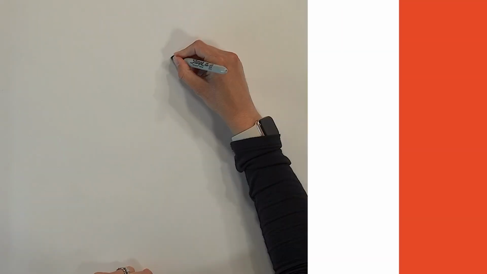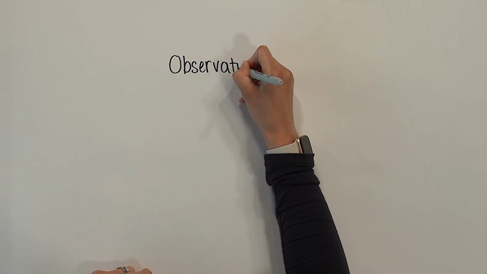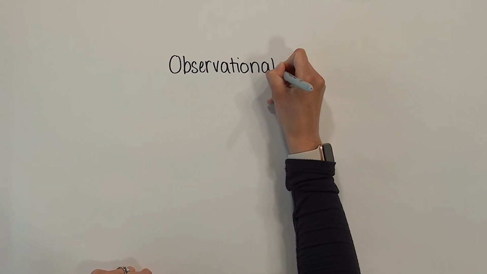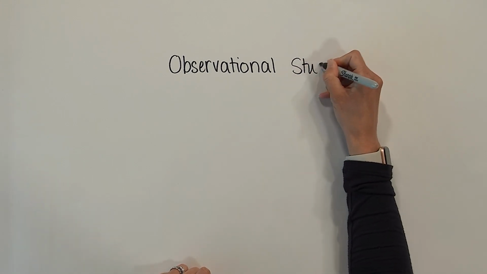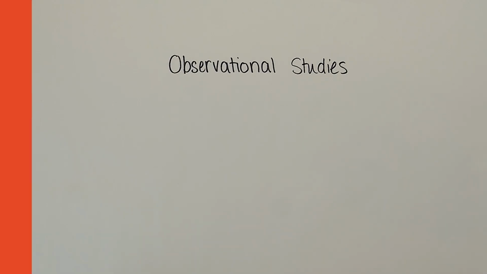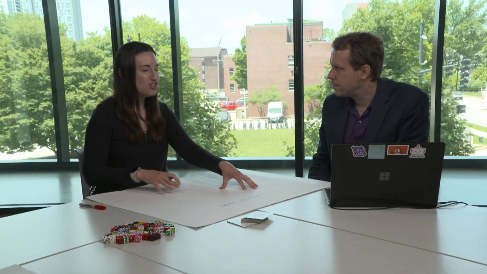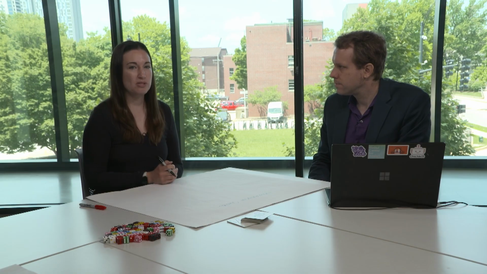And observational studies are not ideal because, while they may show correlation, it's difficult to show causation because the treatment and control groups are going to be different. Usually what we see is that the treatment may be associated with some response, but we can't say for sure whether it causes the response.